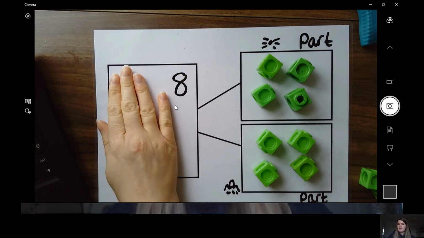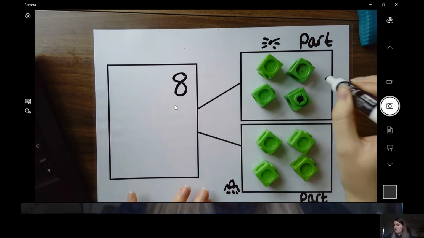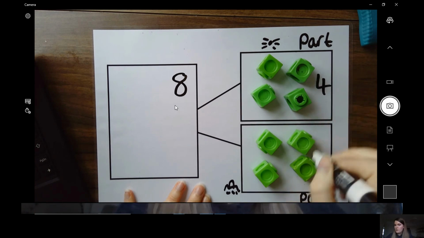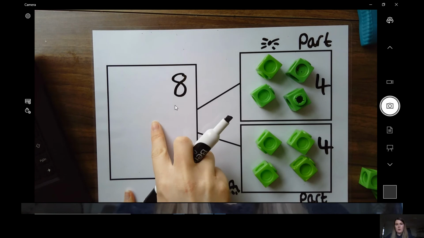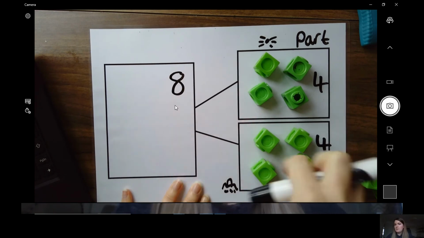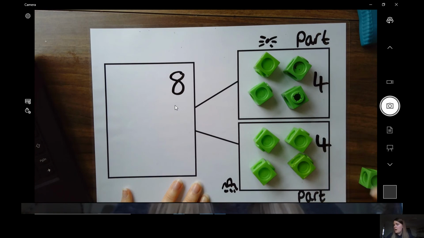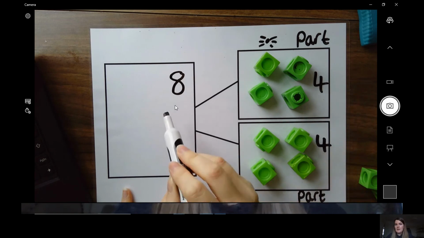This will leave this square empty. Now we can count up our parts. I've got 4 and I've got 4. Are there any left in my whole box? No, there's not, which means I've equally divided my 2 parts. Are they equal? They are. They're the same number. And we know that 4 and 4 together makes 8.